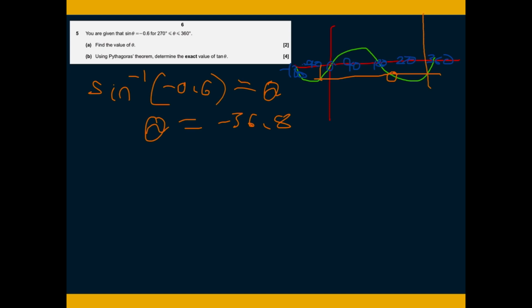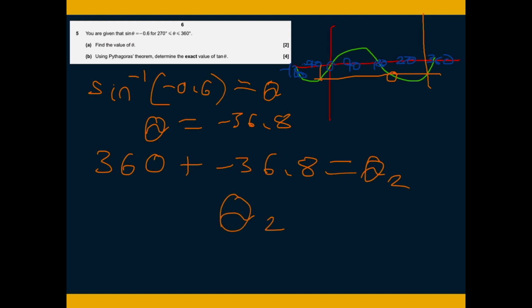And we can see it's closer to 360 than 270, and using common rules, we know that 360 plus −36.8 will give us the second θ. The θ we want equals 323.2.